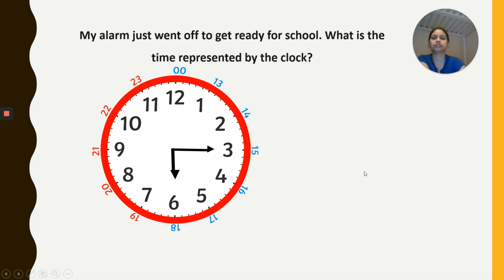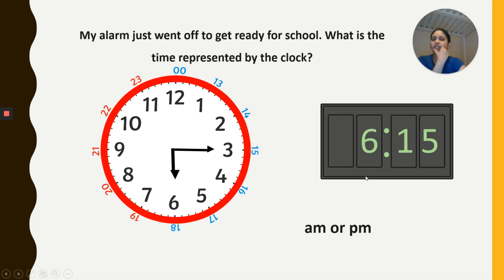Next one. My alarm just went off to get ready for school. What is the time on this clock? My alarm went off to wake up for school at, hour hand first and then your minute hand, 6:15. But is it AM or PM? I just said that my alarm went off in the morning, so I have to get ready for school.